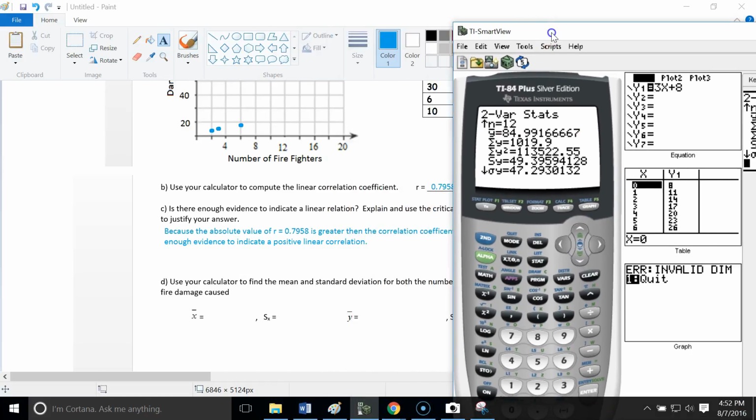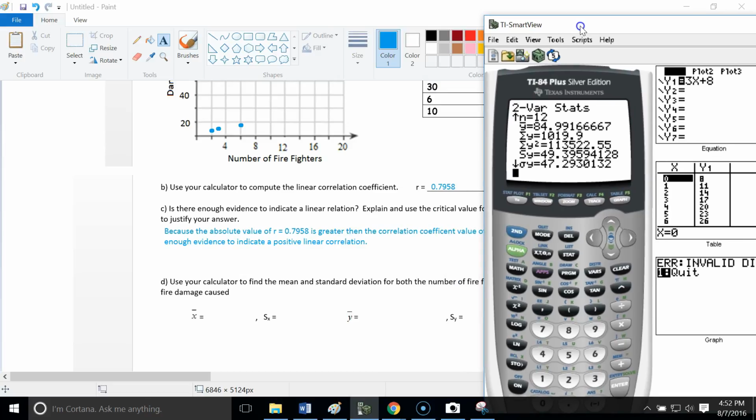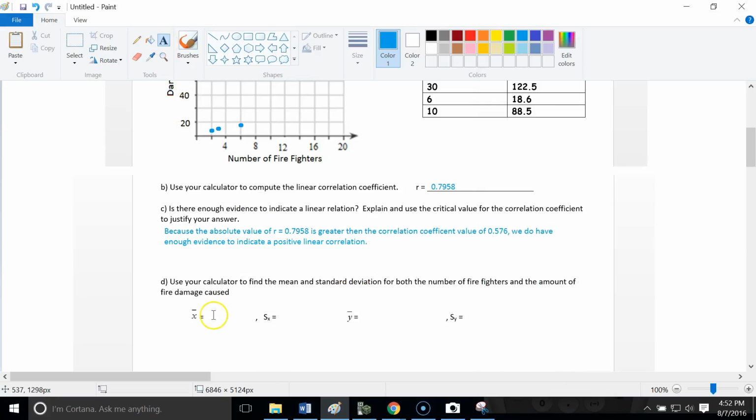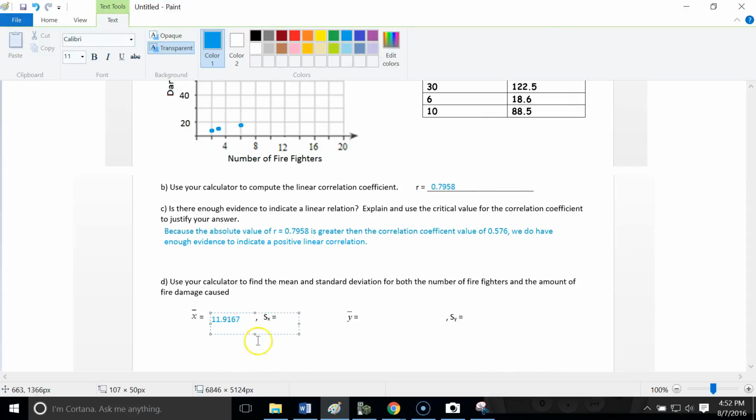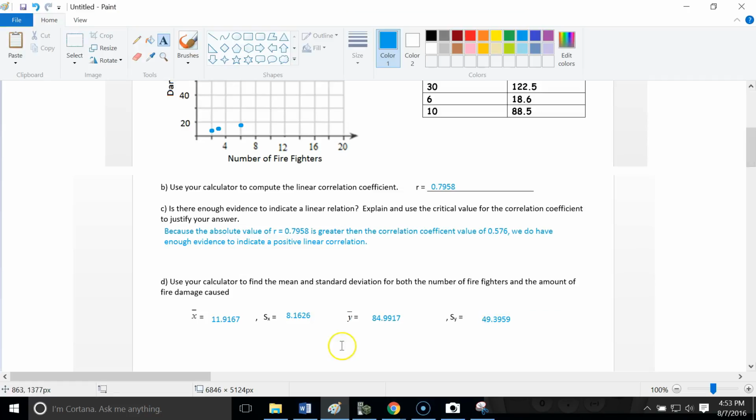And again, I was nice enough to give you S sub y in your test, so you can tell which one I'm looking for. So all you have to do is type each one of these in here, and we're home free. Okay, there we are. Moving on.